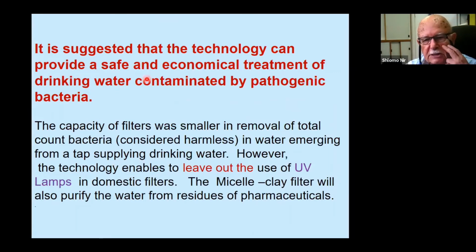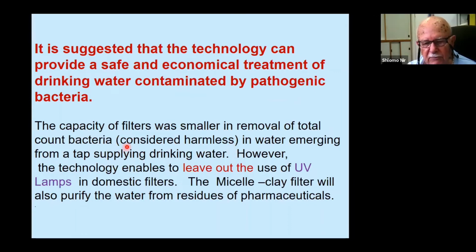It is suggested that the technology can provide a safe and economical treatment of drinking water contaminated by pathogenic bacteria. We also tried the case of a domestic filter where the total count bacteria are considered harmless.